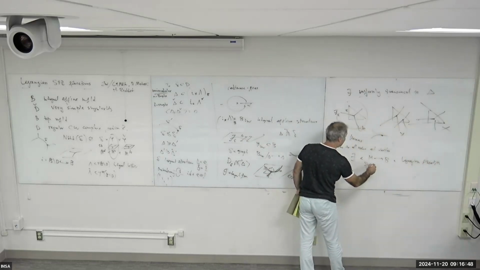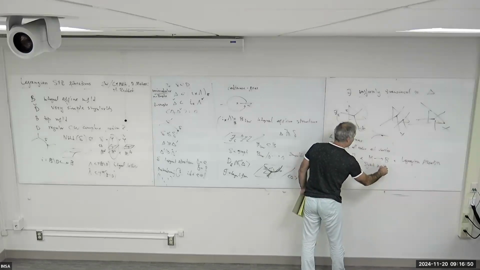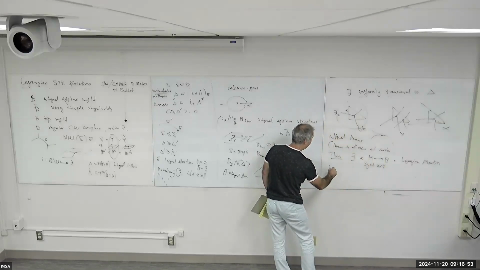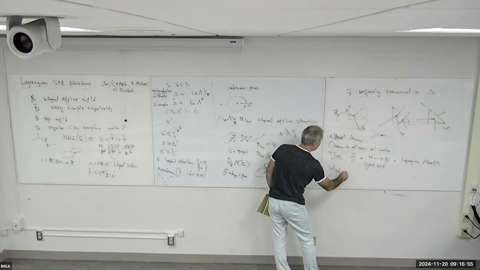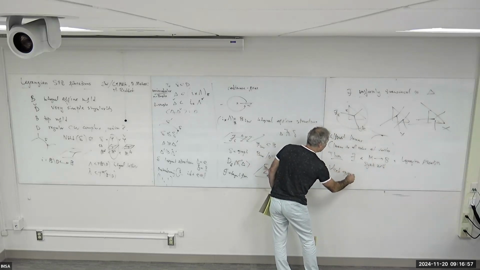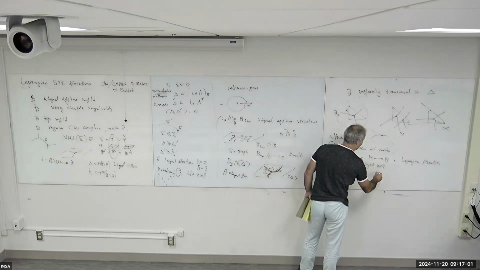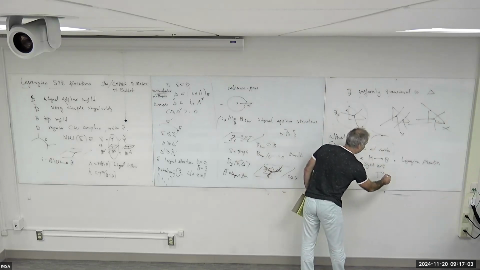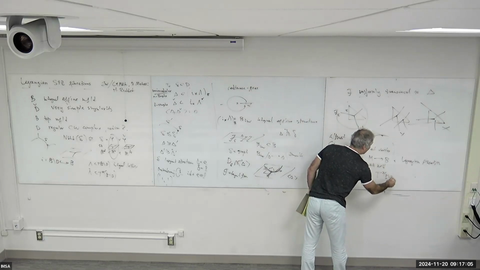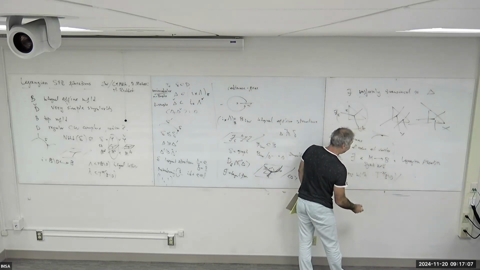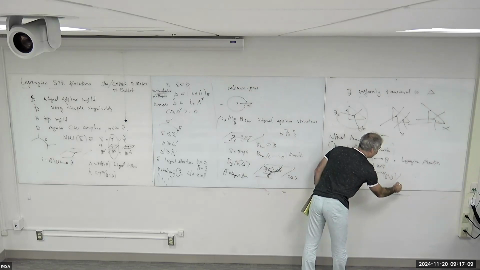So M is a symplectic manifold, and the map to B agrees with the tautological one. So you take the cotangent space to B minus D, you mod it out by the lattice, lambda check.